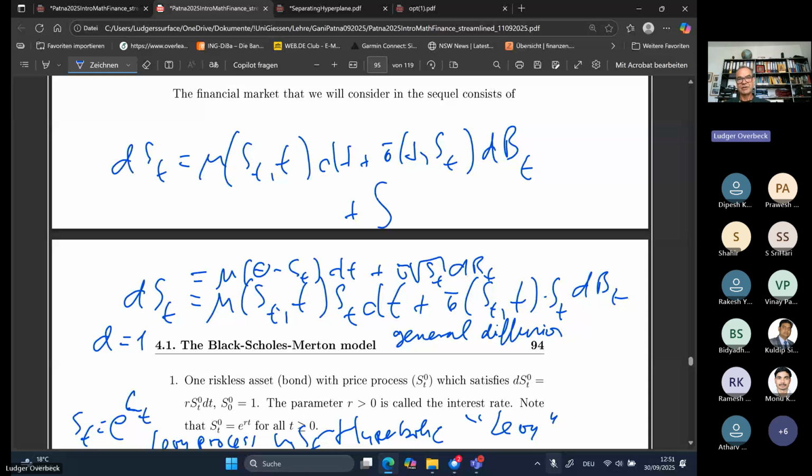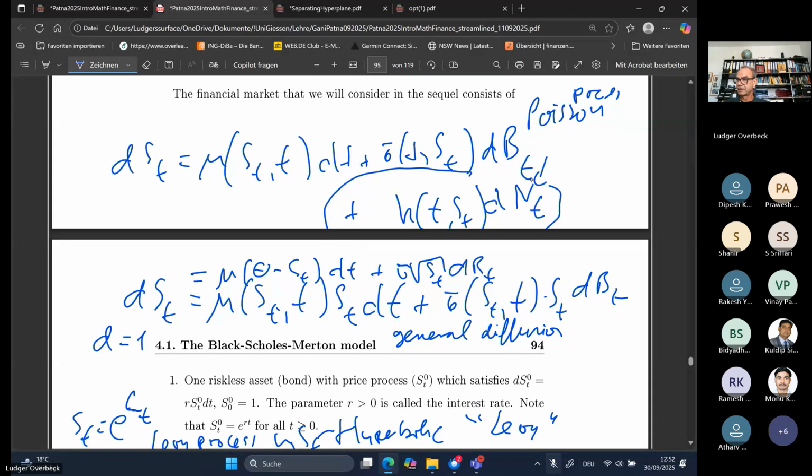You have a Poisson process, and you still have to have a drift for the Poisson process. That's the simplest jump. The Poisson process again has parameters like the waiting time for the next jump, and then you have usually what is called H, which might also depend on T and S_T. You have a stochastic differential equation with a jump part, a jump diffusion.